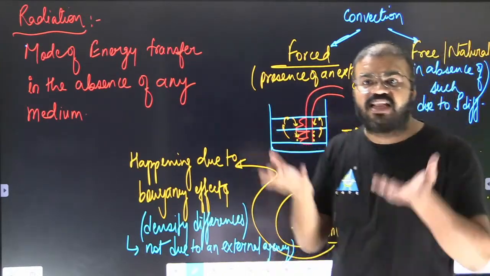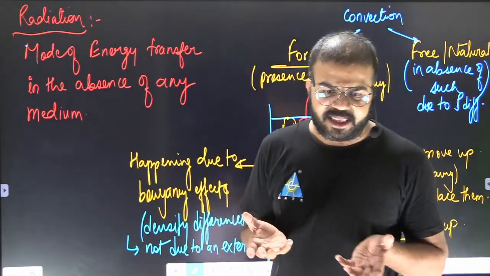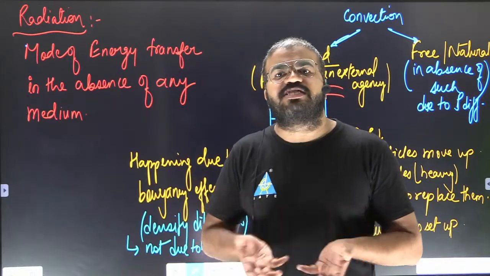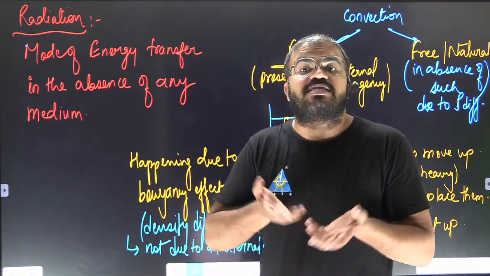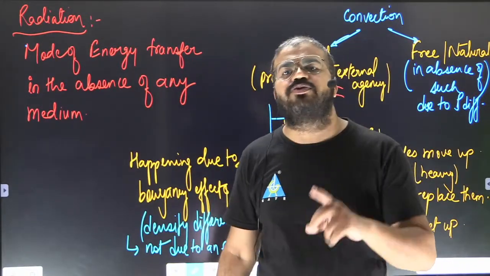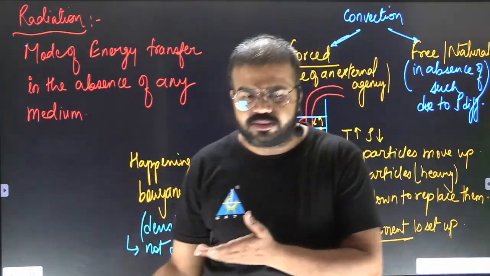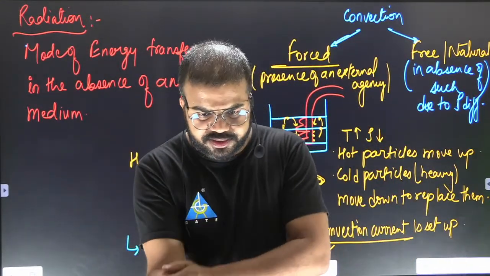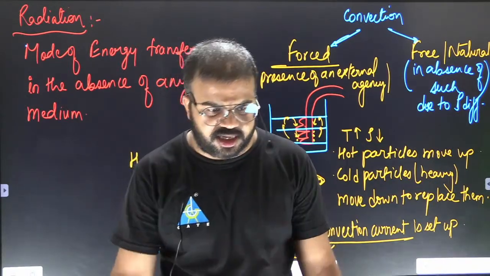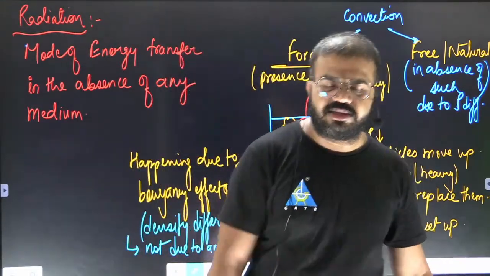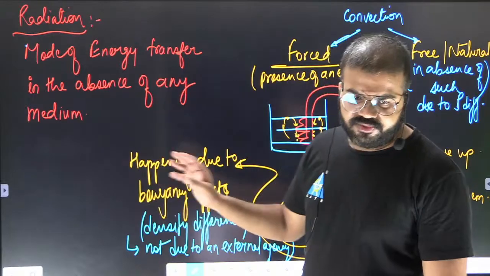So it would have facilitated the fluid flow. Whenever we are facilitating the fluid flow by some external agency, that, my dear students, is known as forced, and free is happening on its own. Simple. Got it? Javed Akhtar Saab and everybody else. Now let me tell you one more thing.